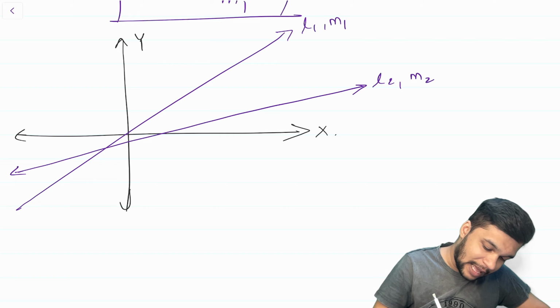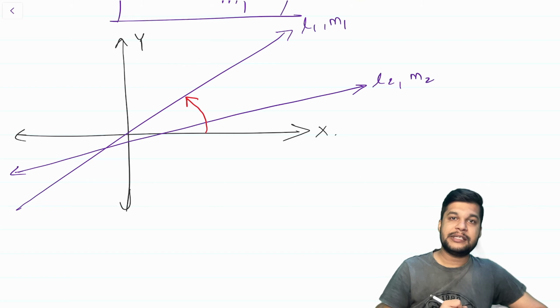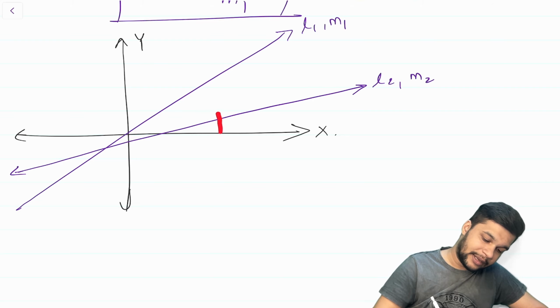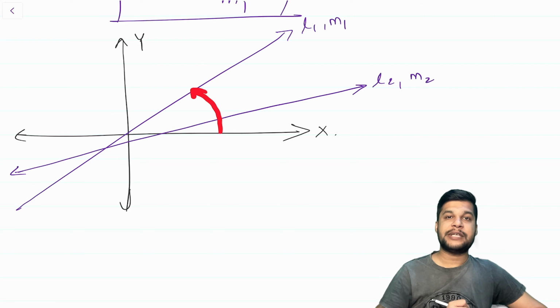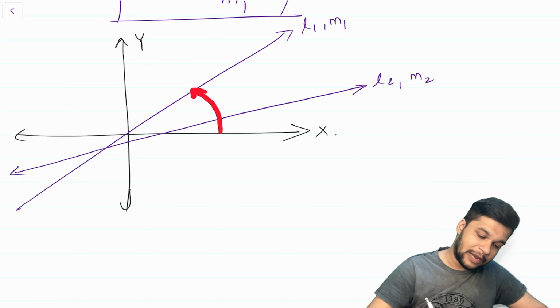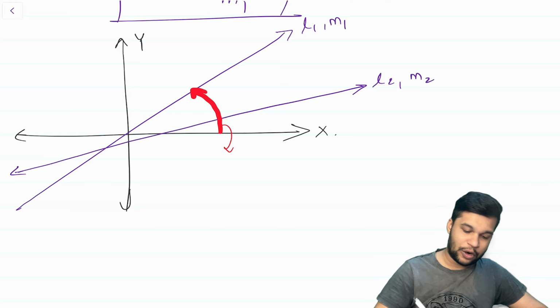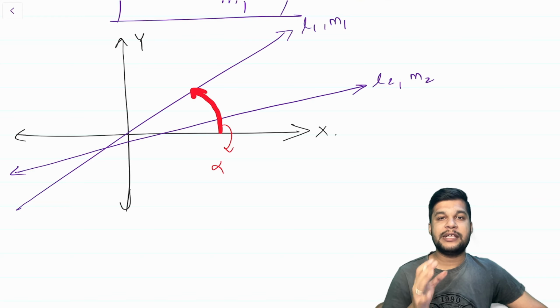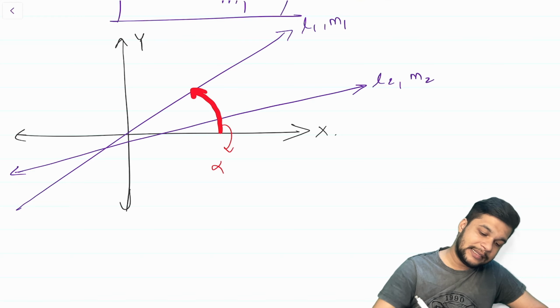Let's say the angle at which L1 is inclined. Okay, I'll use the thicker pen. Let's say this angle over here at which L1 is inclined is alpha. And let's say the angle at which L2 is inclined is beta. Let's say this is beta.